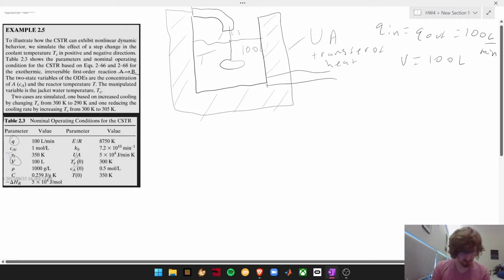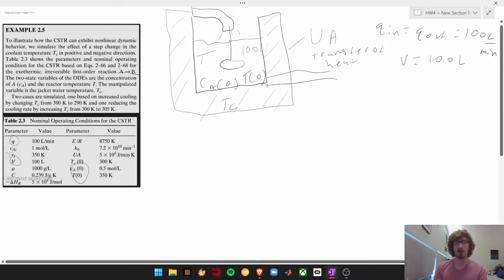For example, this TC is the initial temperature of the coolant solution. So TC, and then this concentration of A and this temperature 0 are the initial concentration of A and the initial temperature inside the tank.